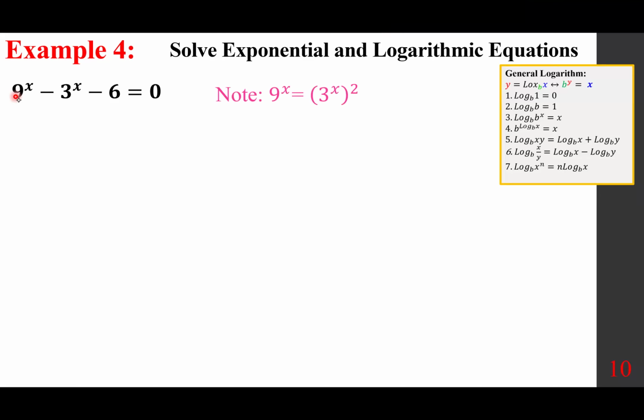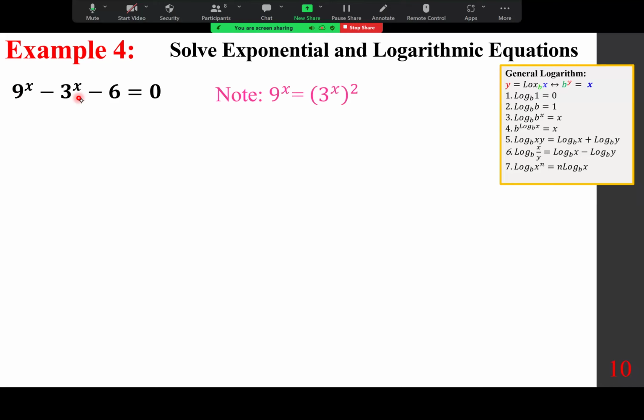Now, if we let 3 to the power of x be represented by any variable except x, for example u or m or z or y, your choice, then I hope you recognize this is u squared minus u minus 6. And this is easy factoring.